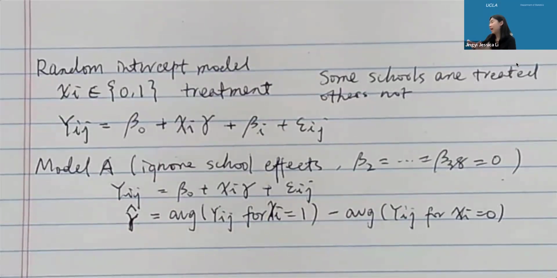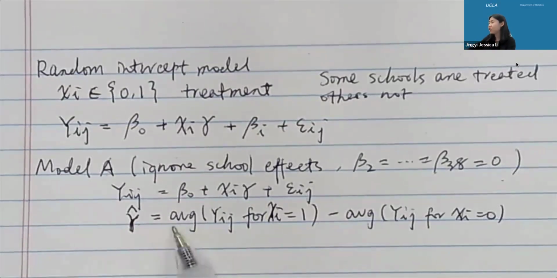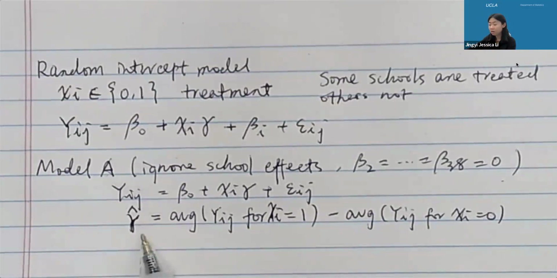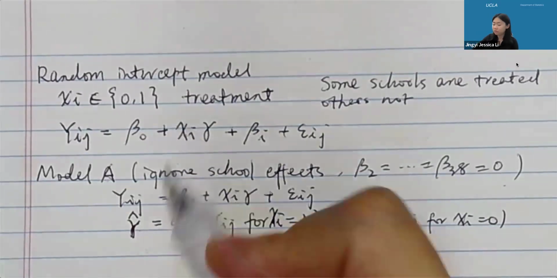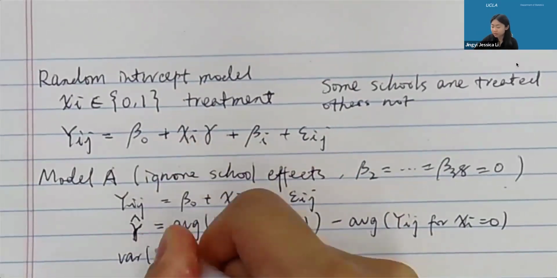Then you average them, you ignore that the students in one school are more similar. And if you want to calculate the variance for the average, you basically underestimate the variance. That's the problem. So the issue is always about this variance thing. So you need to talk about the variance of gamma hat.